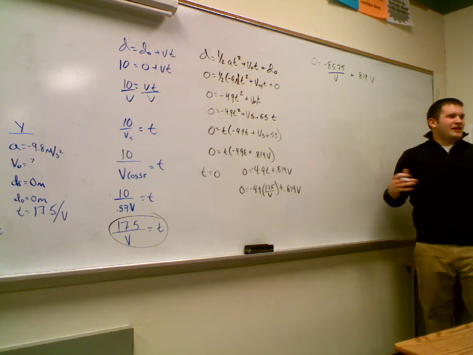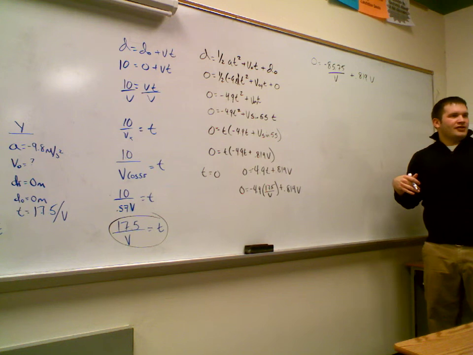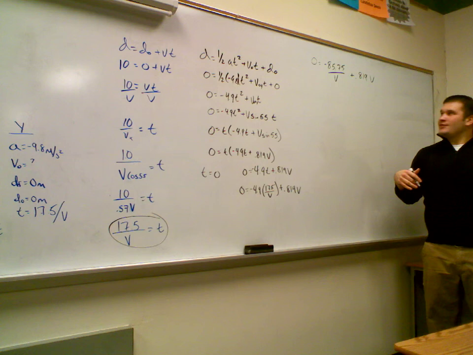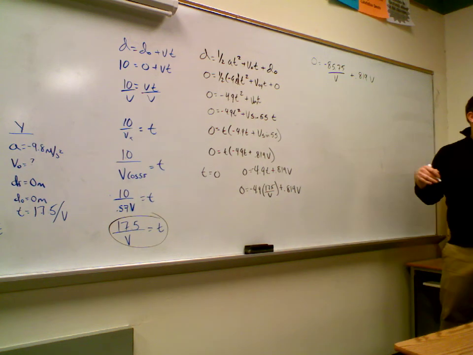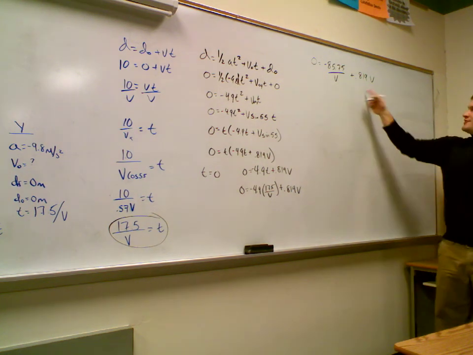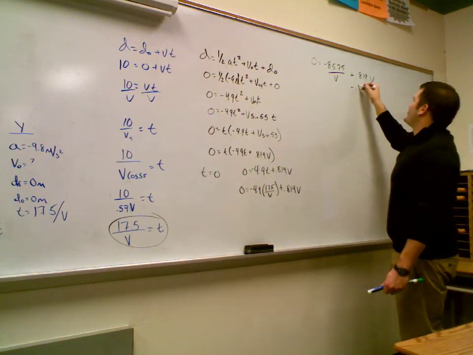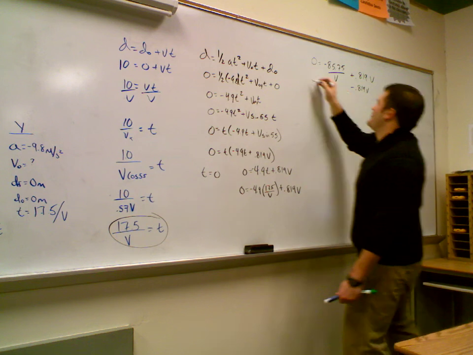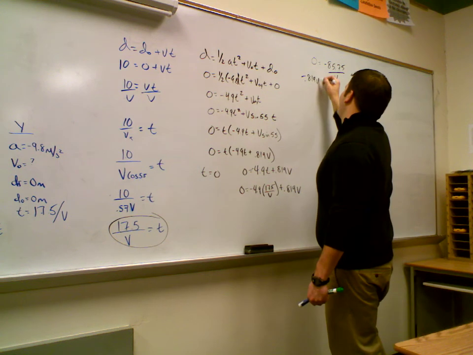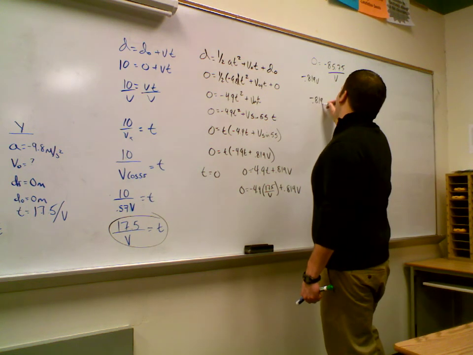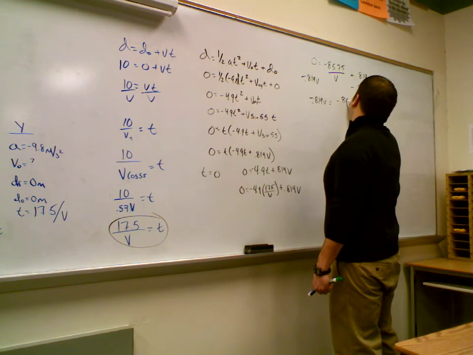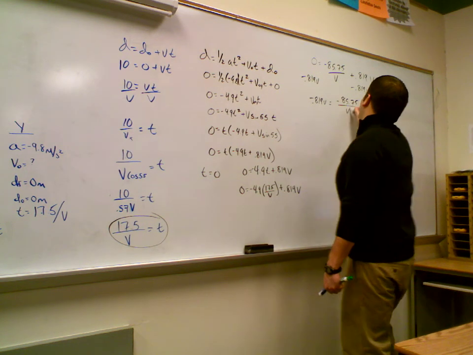Any bright ideas on what we should do next? Subtract that from both sides? So we have negative 0.819 v equals negative 85.75 over v.